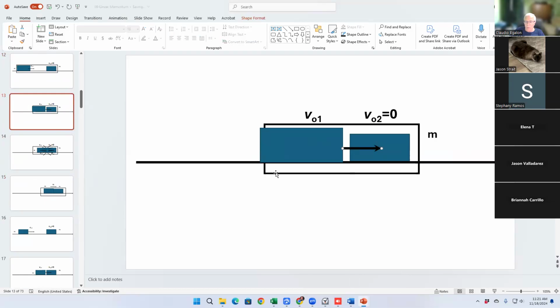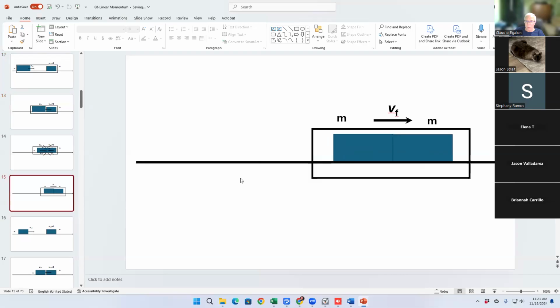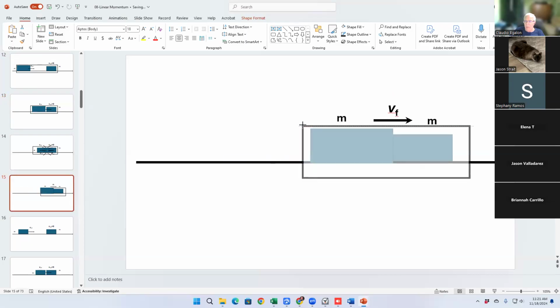Bring to front. I'm going to expand my box. Okay, here's the collision between the two masses. They're stuck to each other because it's an inelastic collision.